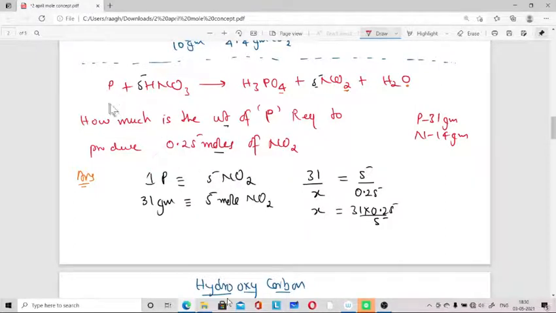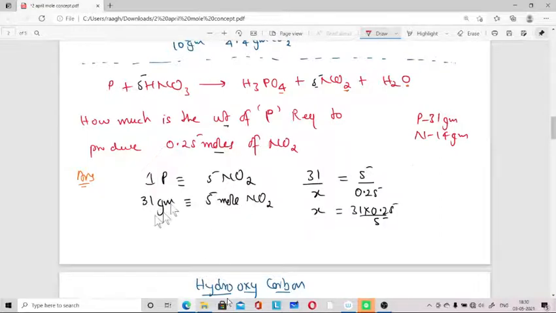Now, according to the equation, 1 mole phosphorus is equivalent to 5 mole of NO2. Phosphorus is 31 gram, so 1 mole phosphorus will be 31 gram. And this 31 gram is equivalent to 5 mole NO2. Because we don't want the NO2 weight, we just want the mole, I am not writing the NO2 weight here.